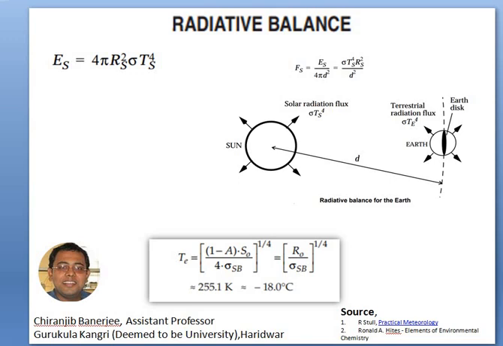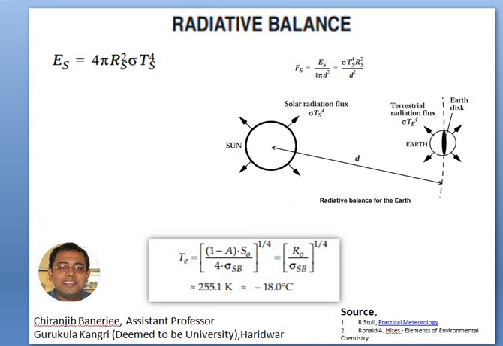Ladies and gentlemen, today we're going to start radiative forcing, or radiative balance. What does it mean? It means that whatever energy we are receiving from the sun, how that energy is going to have an effect on the earth system.